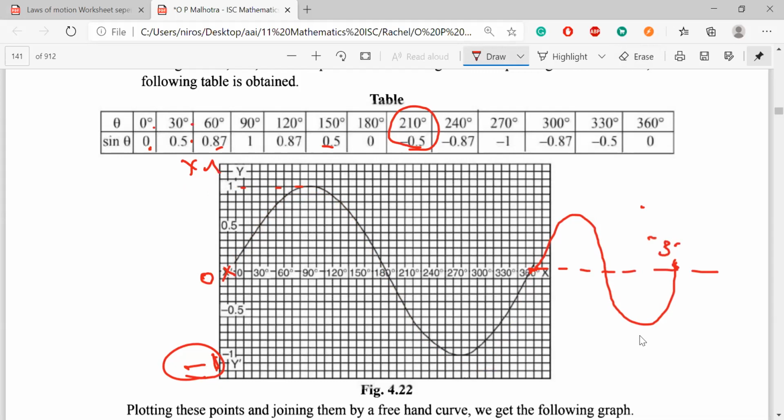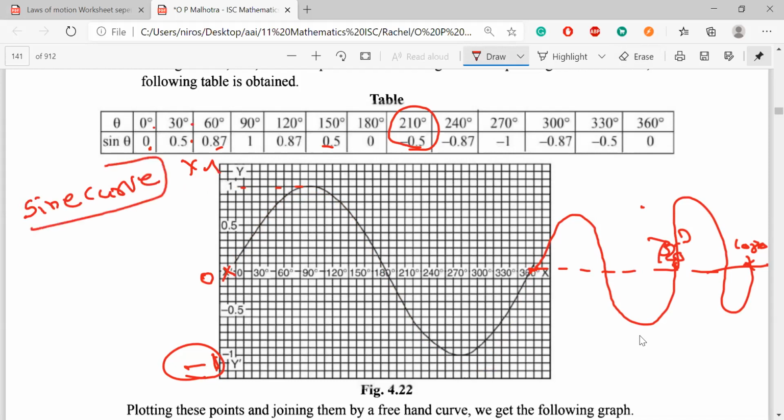Then 720, and if you go like this, it is 1080. This is called the sine curve. Remember, these are important: sine graph or sine curve. So this is 2 pi, 4 pi.